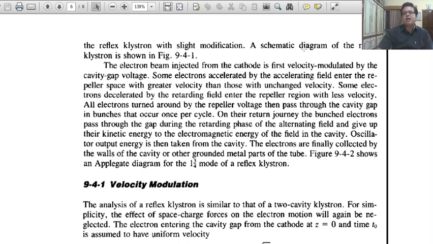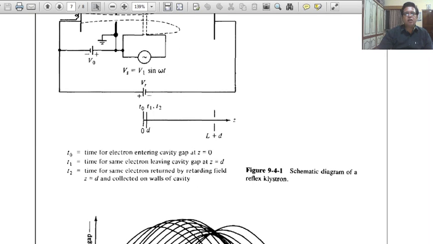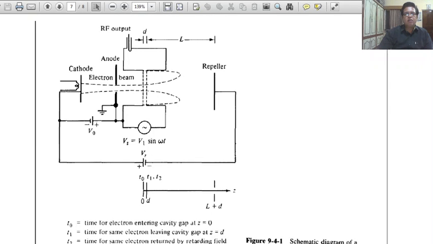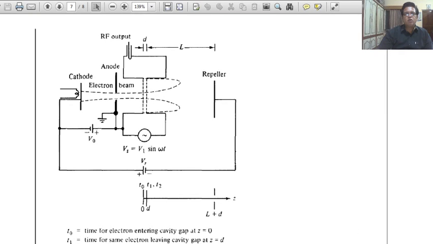A schematic diagram of the reflex klystron is shown in figure 9.41. As we saw earlier, this is a different approach. Same thing is there, but some mathematical concepts are enhanced in this article.